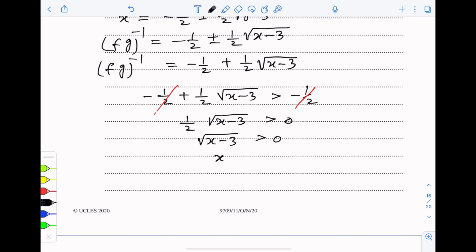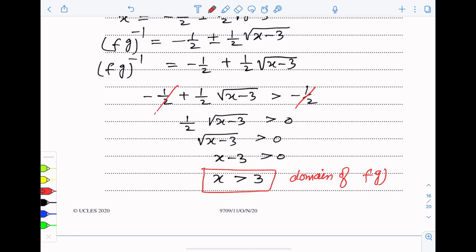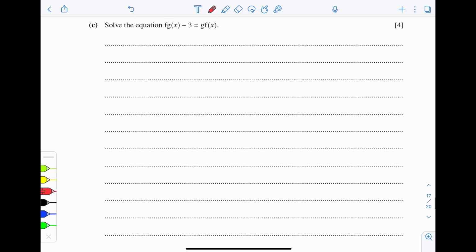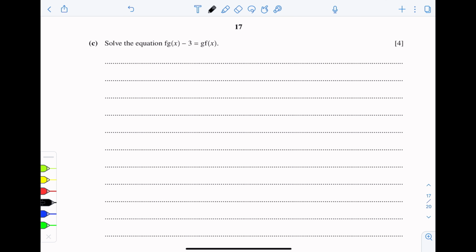Taking square each side, x - 3 is greater than 0. Then x is greater than 3. This is the domain of fg inverse. Now the next part of this question is solve the equation fg(x) - 3 is equal to g of f(x).